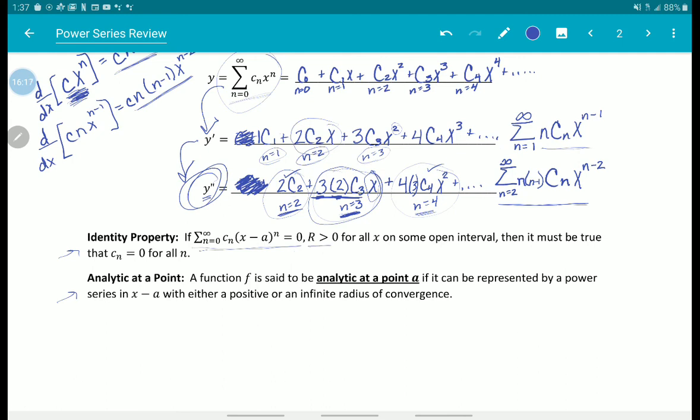But the radius of convergence is greater than 0, which means it's not converging just at the center, it's converging for other x values. So the only way that can happen is if this guy ends up being 0 for all of our n values.